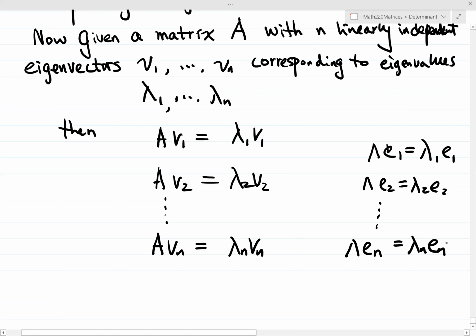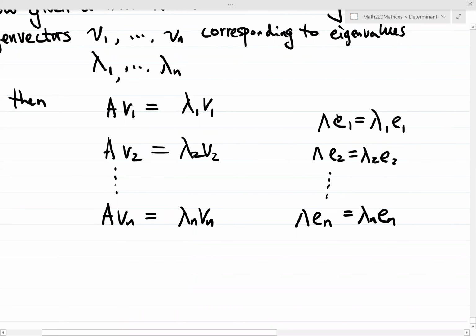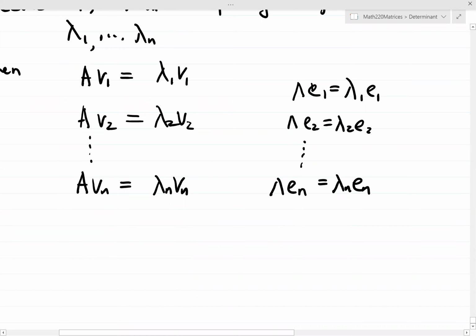This looks like a similar thing. If you replace E1 by V1, it will be the same. The diagonal matrix gamma rescales the orthogonal basis vectors E1, E2, ..., En by lambda 1, lambda 2, ..., lambda n, and A also rescales its eigenvectors by these scalars.